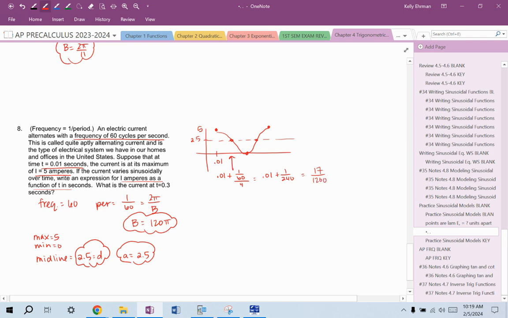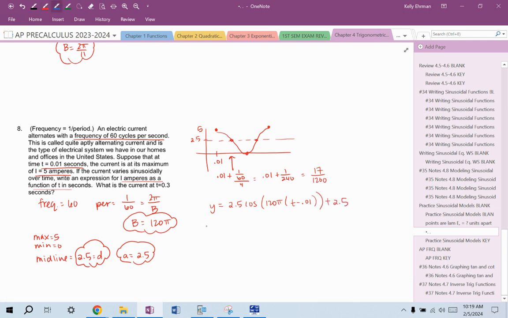All right, so if we are writing a cosine curve, this would be y equals 2.5 times the cosine of 120 pi times t minus 0.01, plus 2.5.